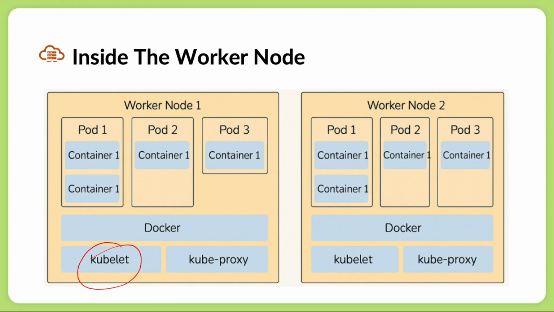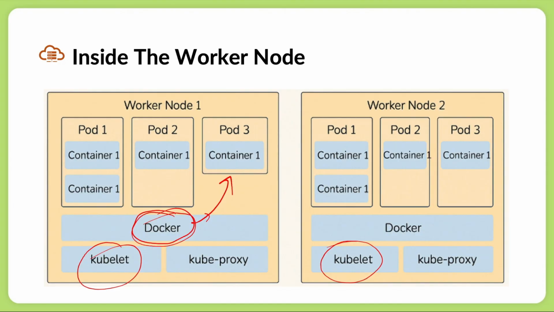So the kubelet is the agent that runs on each worker node, and this agent is the bridge between the control plane and the container runtime. Here the container runtime is Docker. Docker, I'm going to talk about in a moment, basically goes ahead and creates the container.